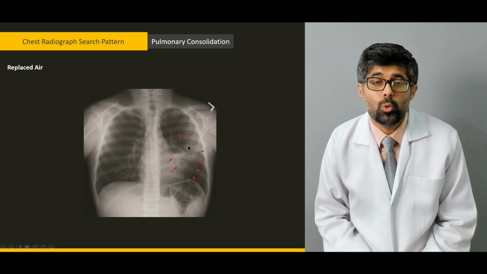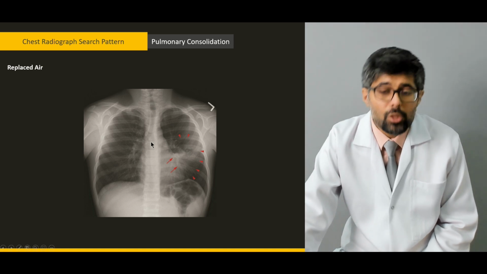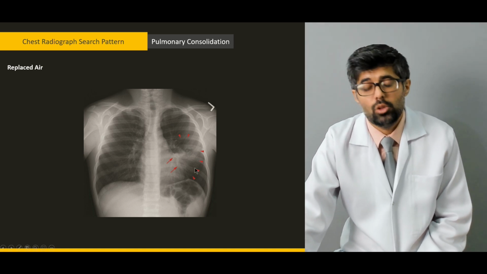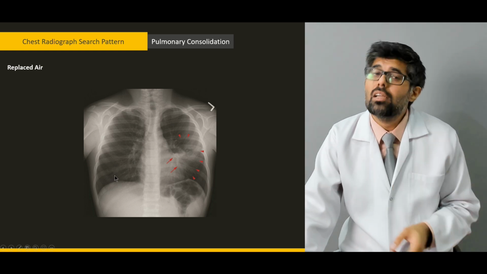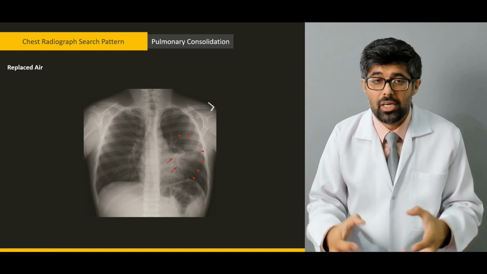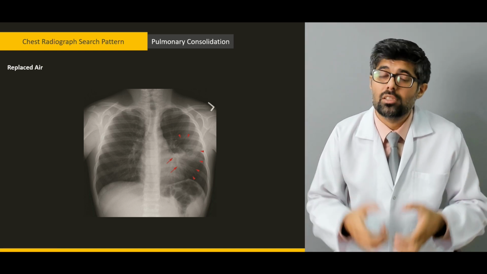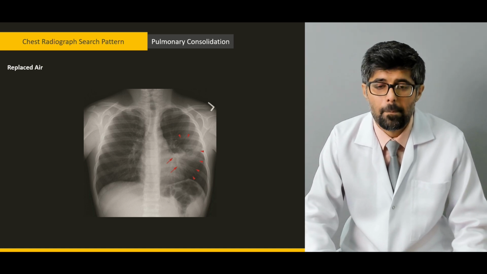Another example would be pulmonary tuberculosis. But with pulmonary tuberculosis, along with the consolidation, we also see lymphadenopathy. And that lymphadenopathy is not reactive. It is usually matted and joint. And it's a very particular type of lymphadenopathy.